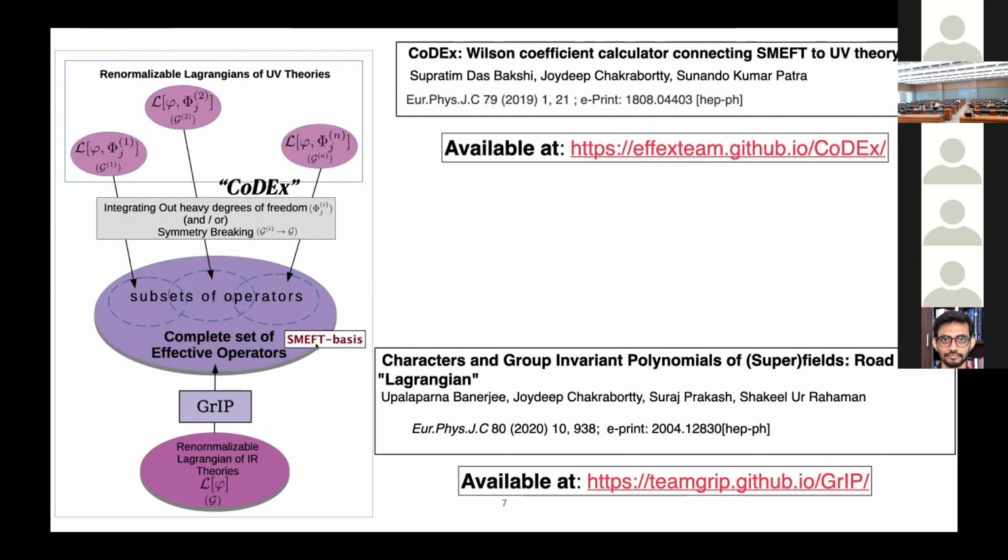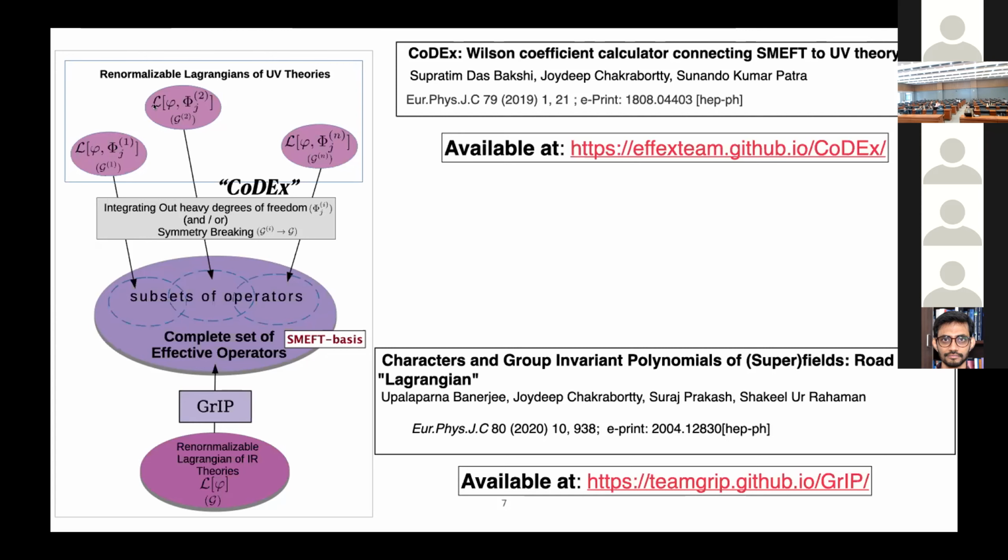For example, let's consider this to be the SMEFT, if the low energy theory is the standard model. And now you have different kinds of UV theories which are developed for different phenomenological reasons, for example neutrino physics, or LHC related physics, or dark matter, or whatever.